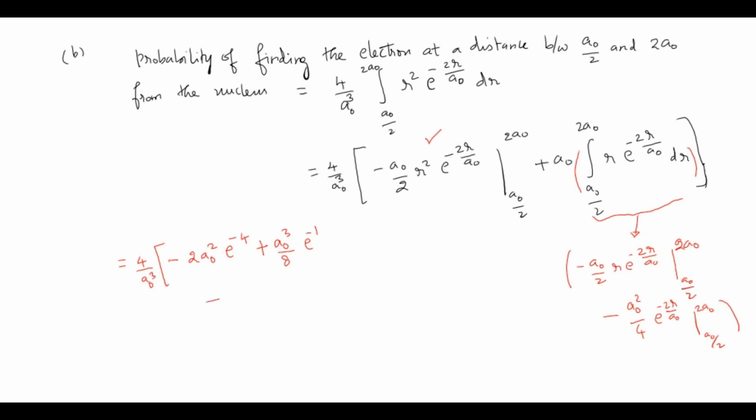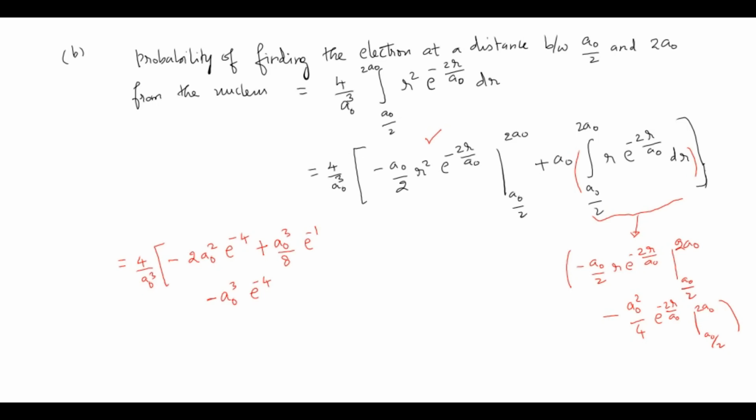Then there is a naught here, so we have to multiply a naught in these two terms. So let us substitute the upper limit and lower limit. When we substitute the upper limit, it is once again a naught, therefore 1 2 gets cancelled. So a naught square, therefore a naught cube, so you will get minus a naught cube, and e power minus 4.